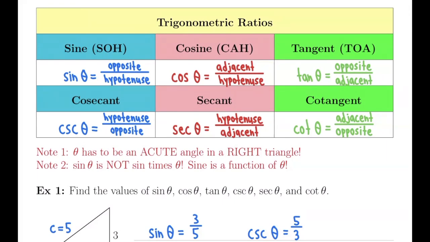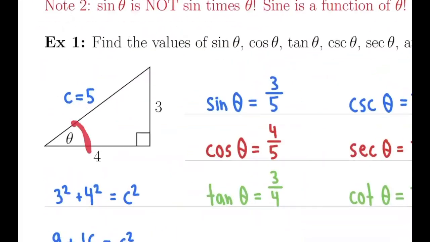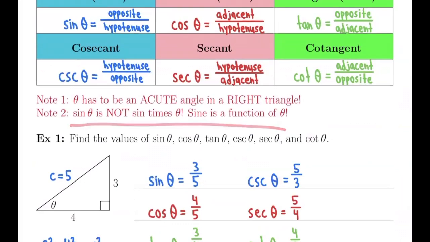Absolutely. And there's just two important things to recognize. Theta has to be an acute angle in a right triangle, which is what's happening in this figure right here. And the second note is sine of theta is not sine times theta. It's not a product. Sine is a function of theta.